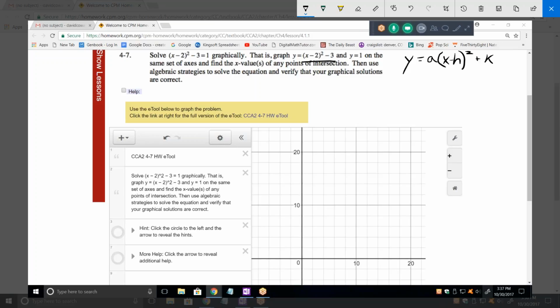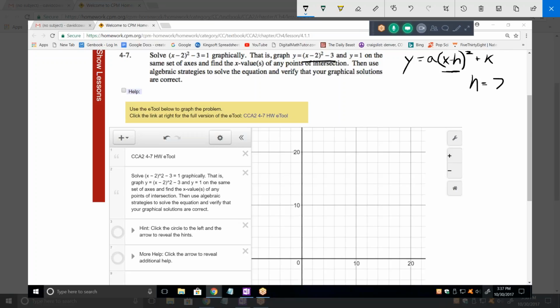What is H? 2 or -2. Well, which is it? -2. If I look at that expression, x minus h is the same as x minus 2, correct? So what is h? 2.